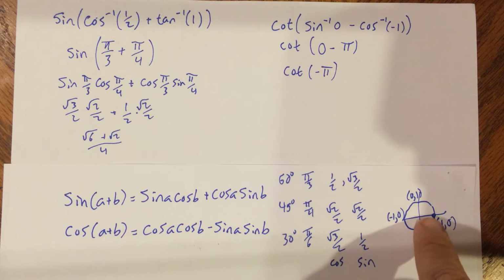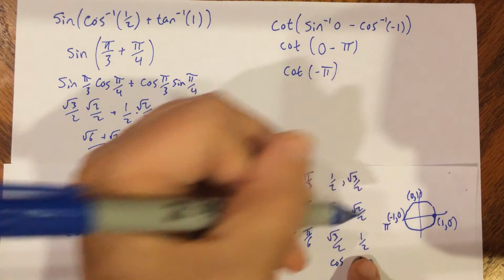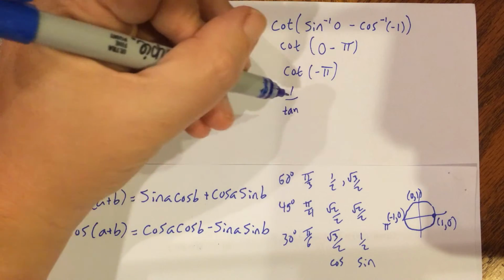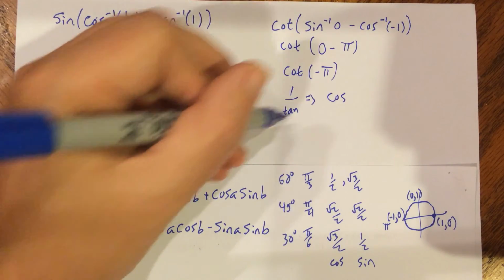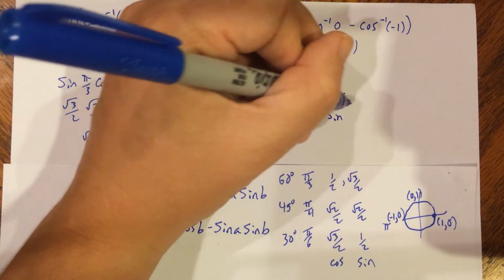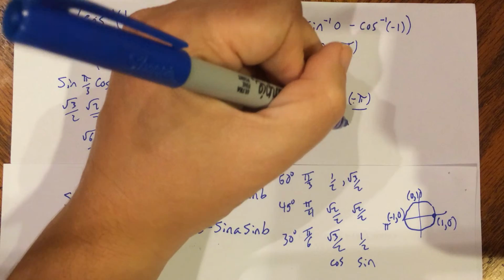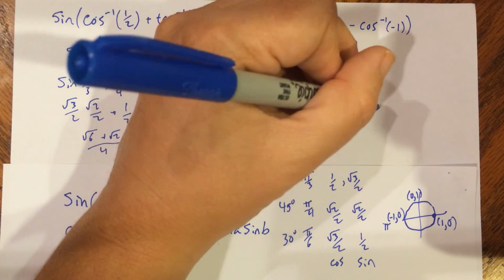So, going back to my unit circle, negative goes this way, so -pi would still be all the way around here at pi. Cotangent is 1 over tangent. Because tangent is sine over cosine, cotangent is cosine over sine. So of -pi.